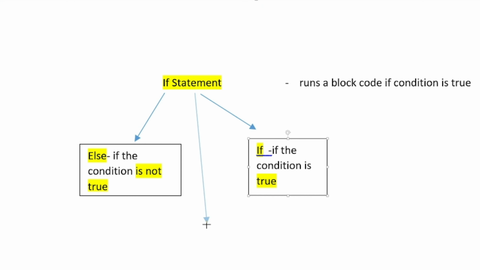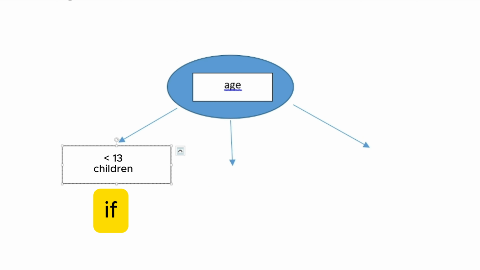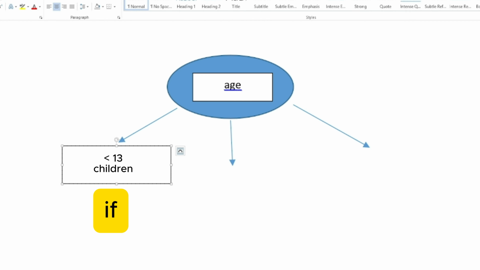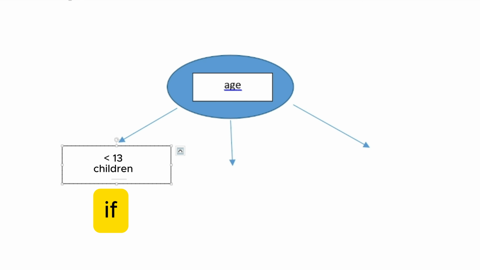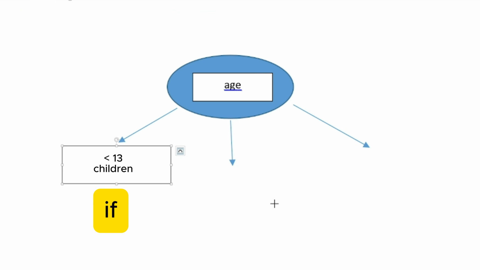What if we don't have two conditions? We have 3, 4 or more conditions. Then we need to use elif. Let's see an example. Imagine that for children under 14 years old, the museum ticket is free. So in this case you will write if a person is under 14 years old.